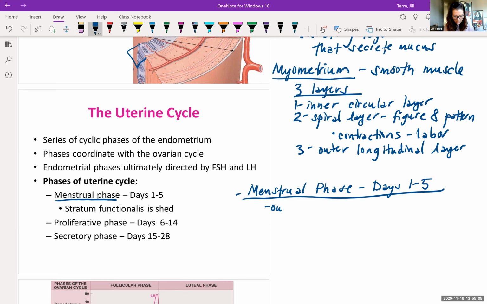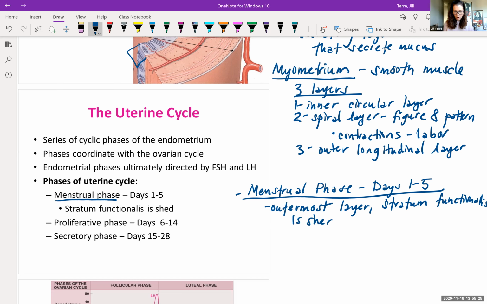Basically what's happening here is that the outermost layer, the stratum functionalis, is being shed because implantation did not happen. So there is no need to maintain that uterine lining.